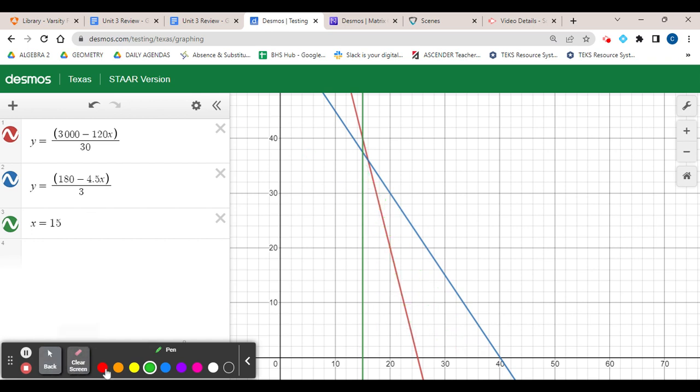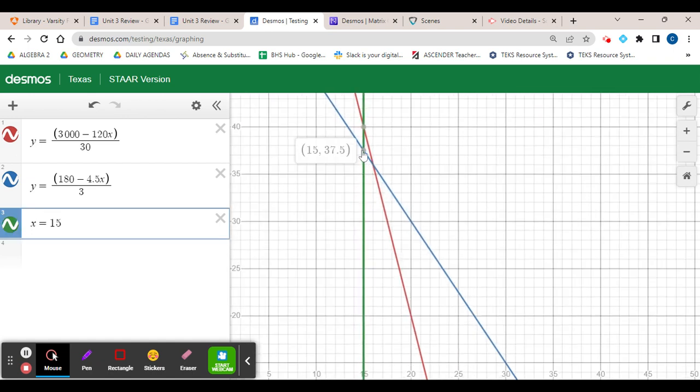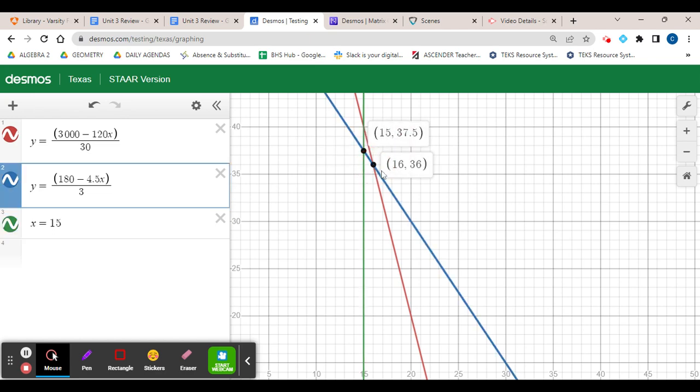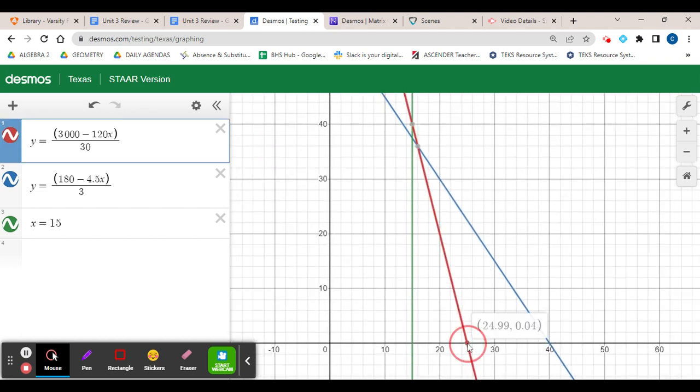So what's going to happen here, ladies and gentlemen, is our objective area is going to be, okay, this point here at (15, 37.5), and then we're going to have another point there at (16, 36), another point there at (25, 0).